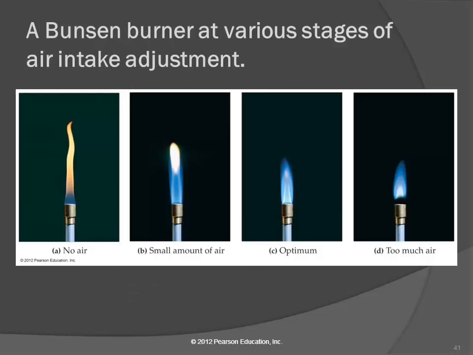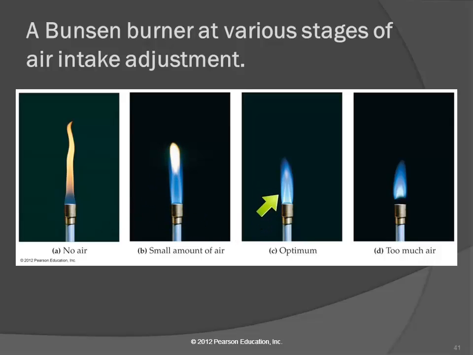There's some stuff about Bunsen burners, and these are some kind of interesting pictures. This is a Bunsen burner that's not getting enough oxygen, doesn't have enough air. It affects the quality of the flame. You may be wondering, why are we talking about Bunsen burners all of a sudden? This is a combustion reaction of methane, and we were just learning how to calculate the heat given off. If we add a little more air, we see that the flame gets bluer.